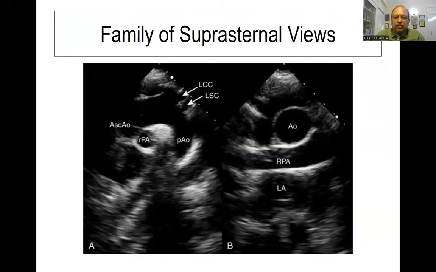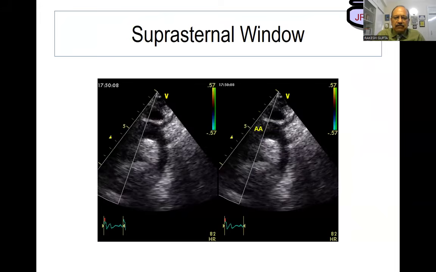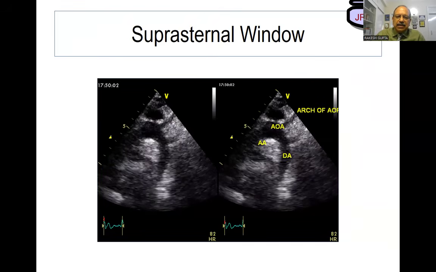So what all views do you see in the suprasternal window? We see the ascending aorta, arch of aorta, and then descending aorta. Here we see 3 neck vessels: left subclavian, left common carotid, and then innominate vessel. Innominate gives rise to right common carotid and right subclavian artery.